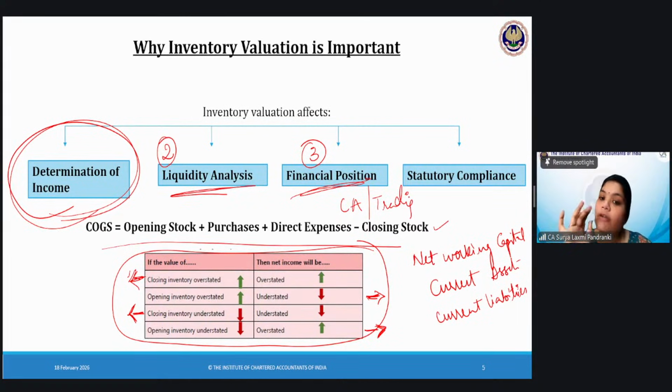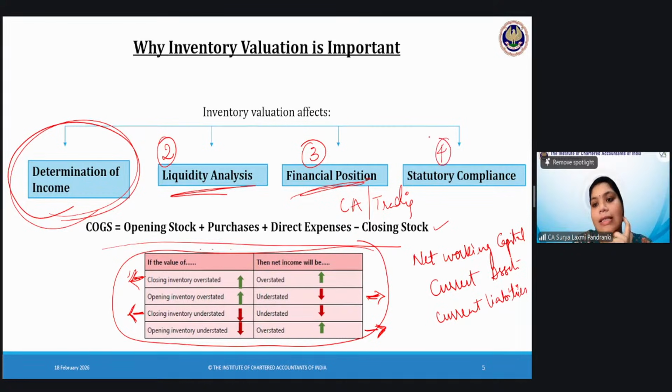So it is affecting your financial position in the form of current asset and also in the form of profit. It's not the only part which affects the liquidity and the financial position, but inventory plays a major role in determining the liquidity analysis and the financial position. So these two are again the reasons why inventory is very important.